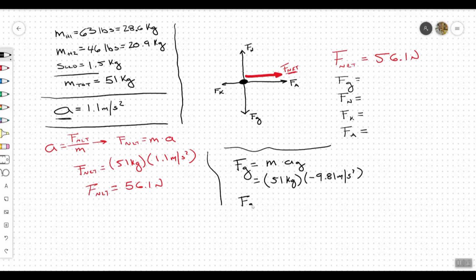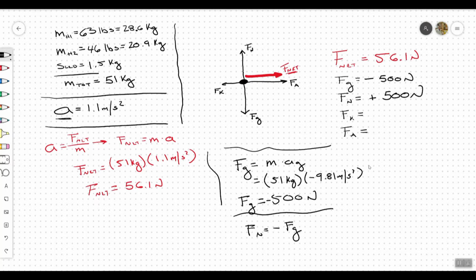Force of gravity for them is equal to about 500 newtons, and that's down. So the force of gravity is minus 500 newtons. We know that normal force is equal to the opposite of the force of gravity, so normal force would just be plus 500 newtons.